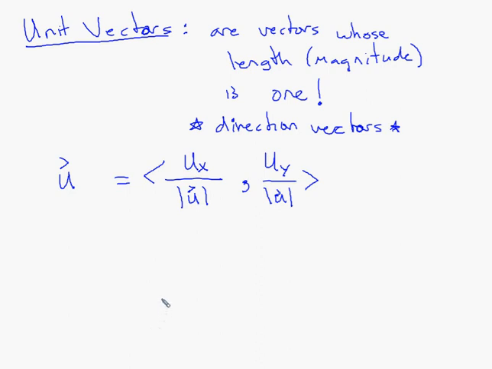Which looks really complicated. And you see all these u's here. Do you understand what I'm doing with this subscript? I'm saying the x component of the u vector, the y component of the u vector. Do you see what I'm doing there? Okay. And this is the magnitude.